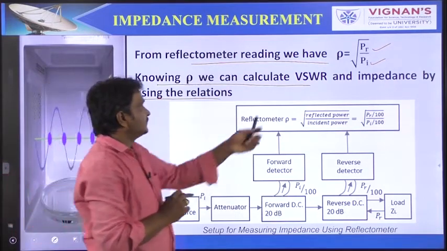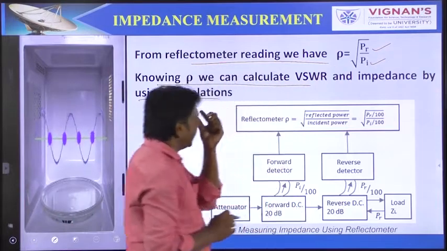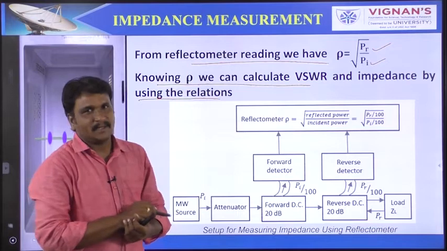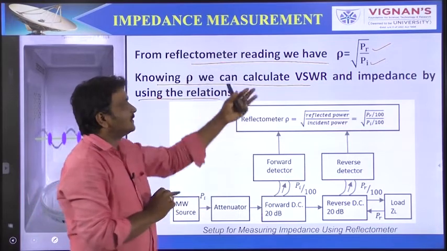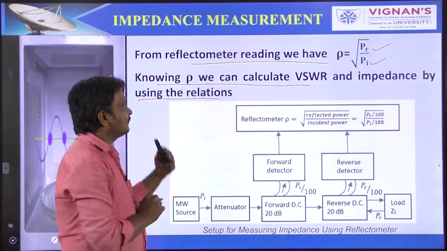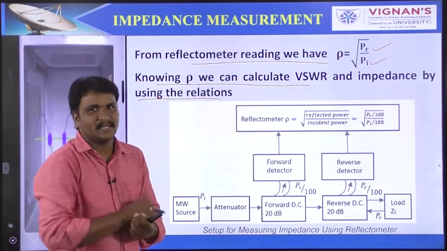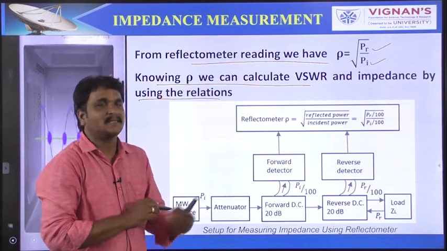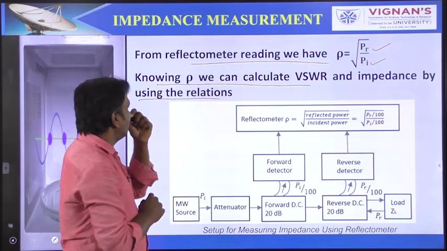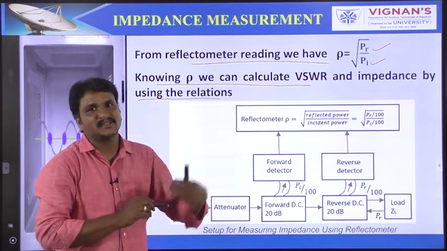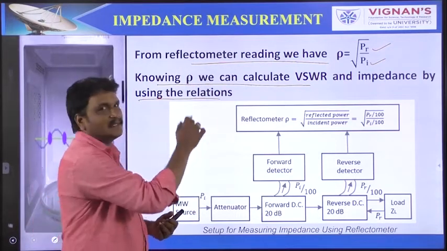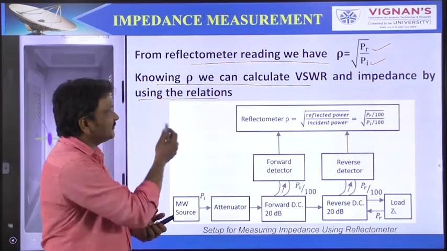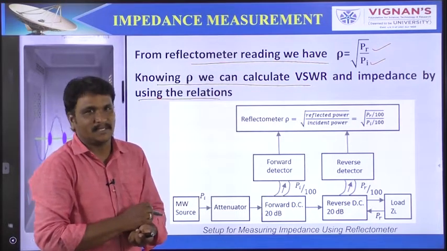The VSWR is equal to (1 plus rho) by (1 minus rho). The reflection coefficient in terms of impedances is (Z minus ZG) by (Z plus ZG), and from that we can calculate the impedance.